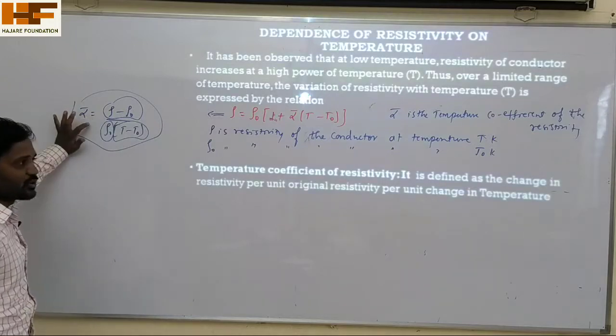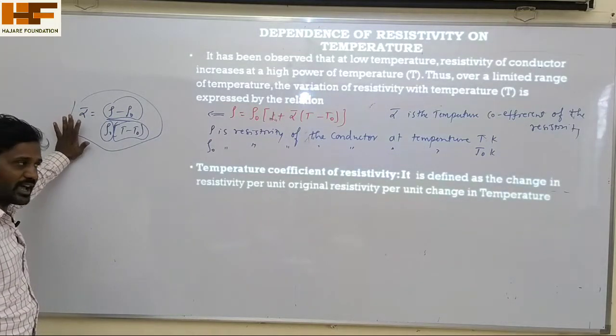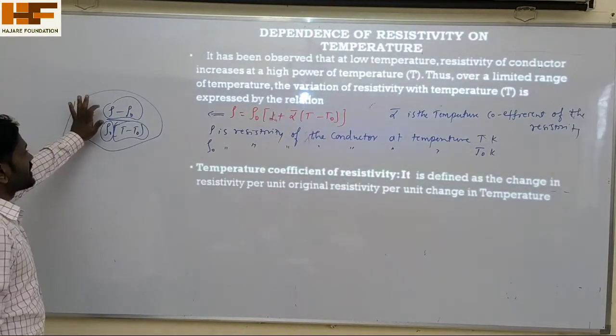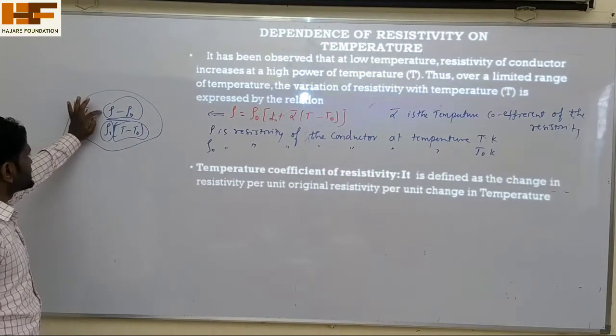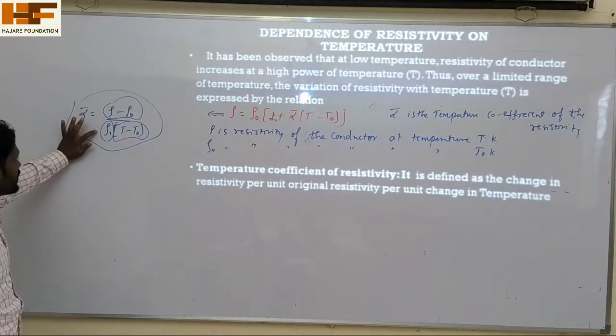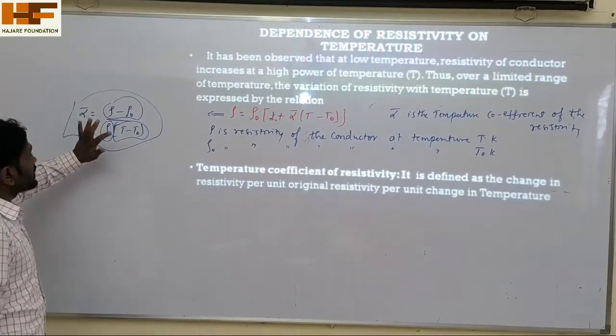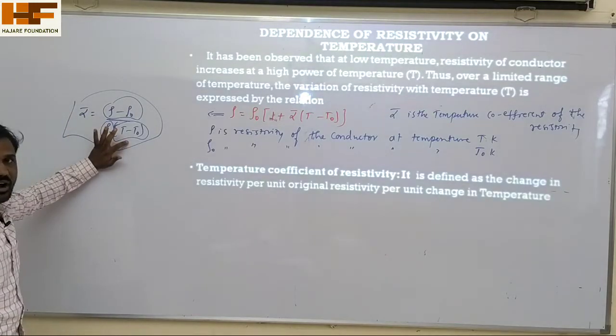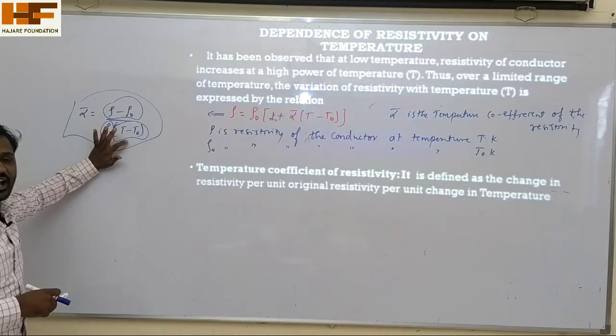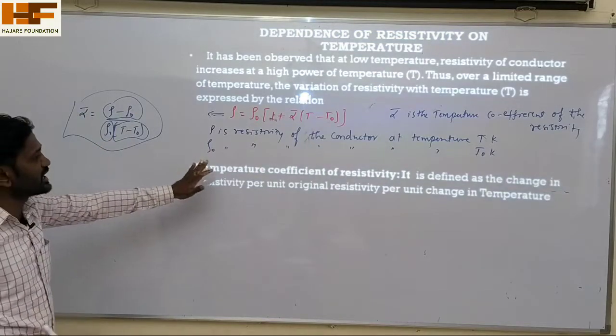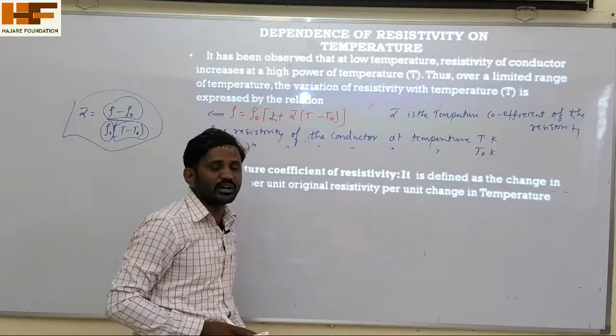The temperature coefficient of resistivity is defined as the change in the resistivity per unit original resistivity per unit change in the temperature, or per degree rise in the temperature. We call it the temperature coefficient of resistivity.